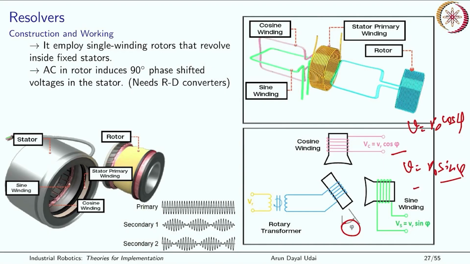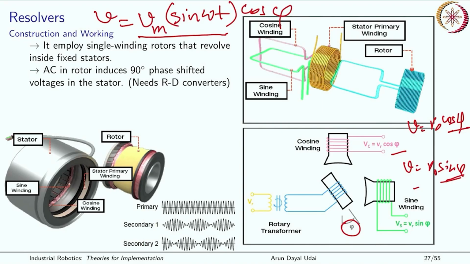Both are AC, mind it. So this psi and the AC signal are different. The AC signal is V = V max sin omega t. So the output is an AC, and due to linkage it creates a cos psi that is generated in the cosine coil.